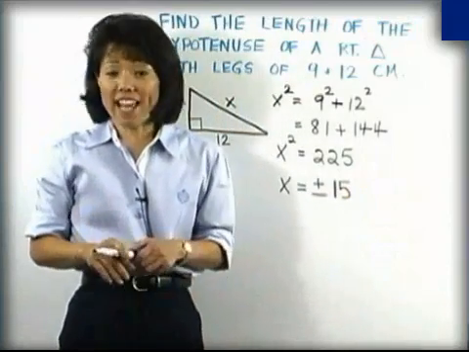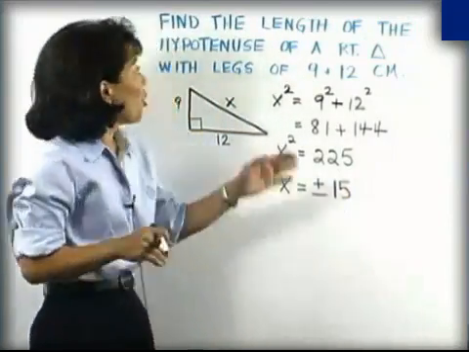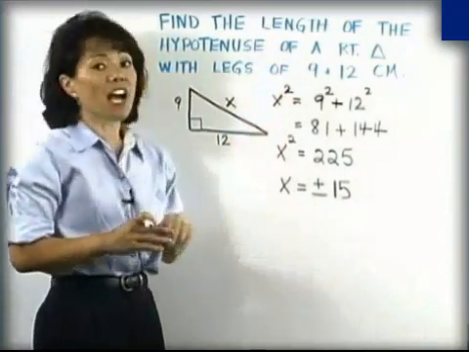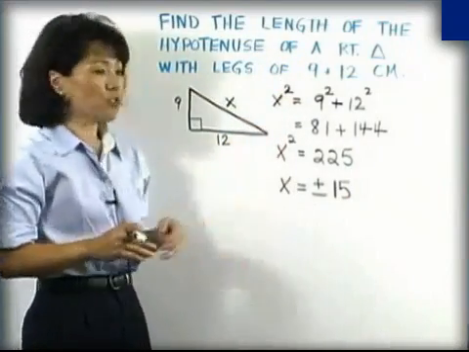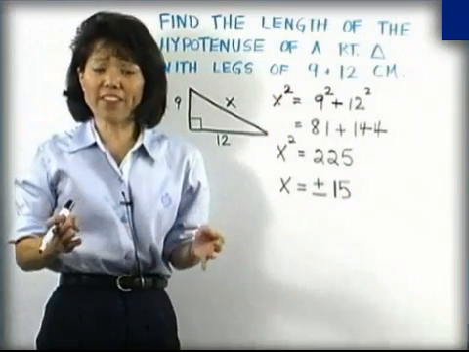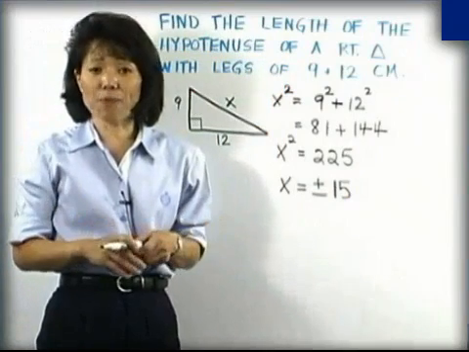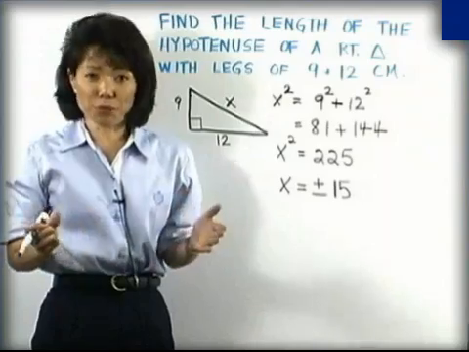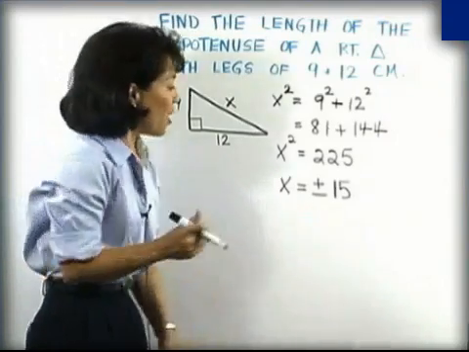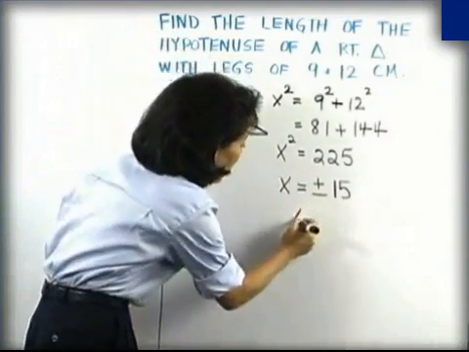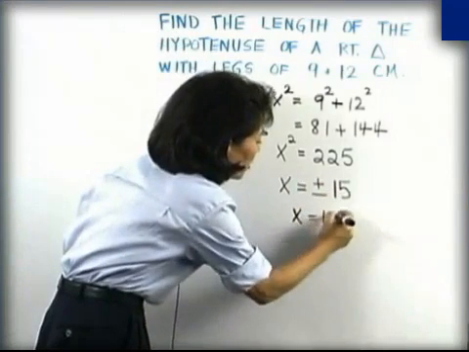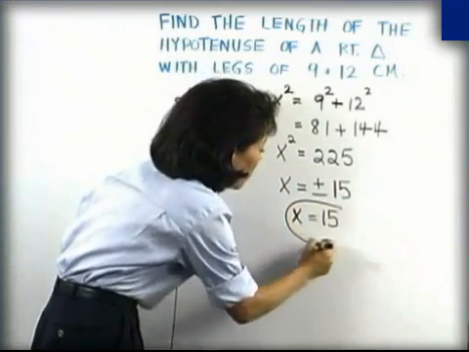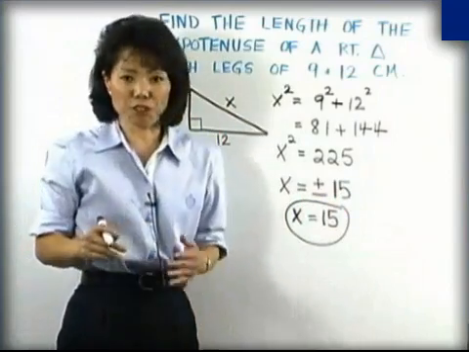But now, let's answer the question asked. We're looking for the length of the hypotenuse of this right triangle. Can the length of any side ever be a negative number? I don't think so. If you look at any ruler, you'll never see negative numbers. So that lets us eliminate the negative 15, and we will use only the positive value as our solution.